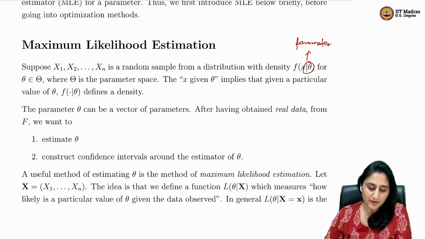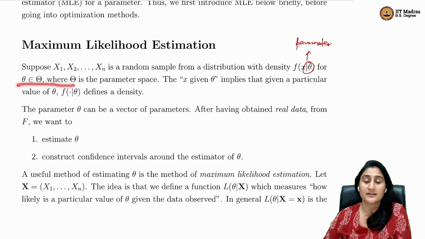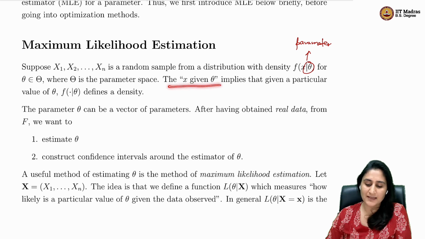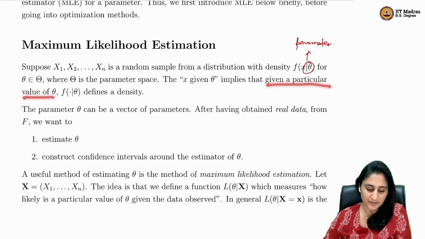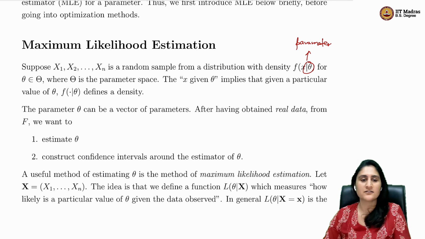And this particular parameter, theta, takes a value in capital Theta. This I'm going to call the parameter space. Now, again, f given theta, so f dot, meaning you can put anything here, defines a density function. That's what f given theta means.